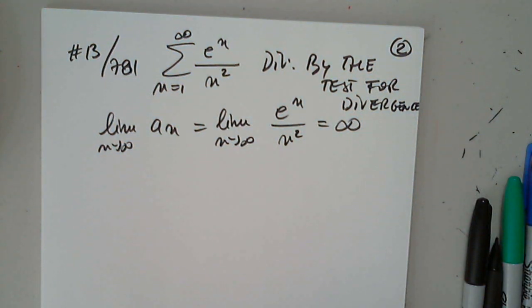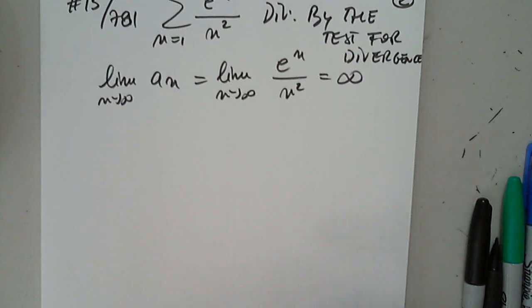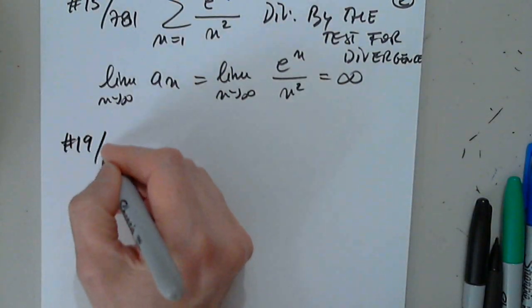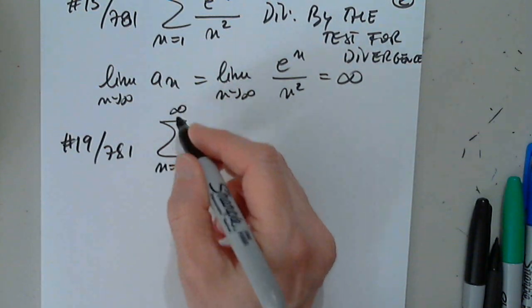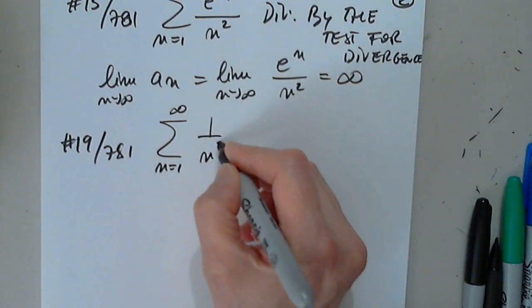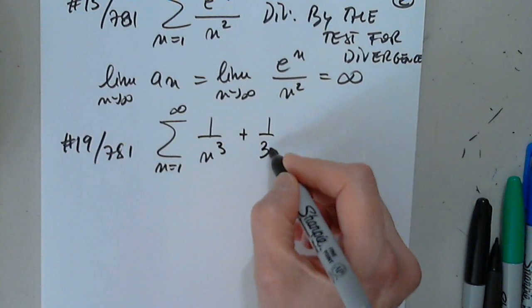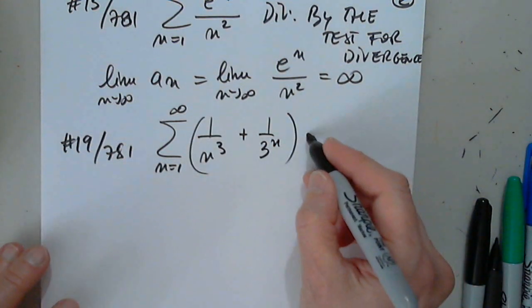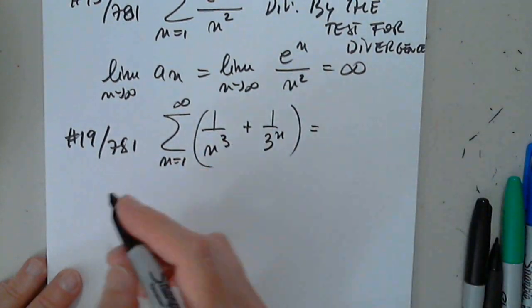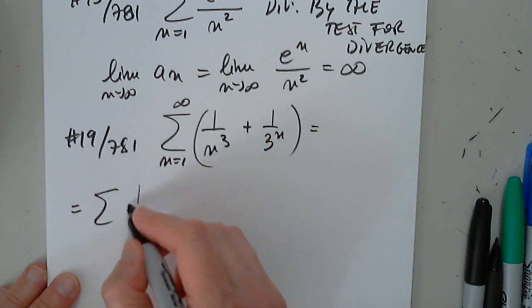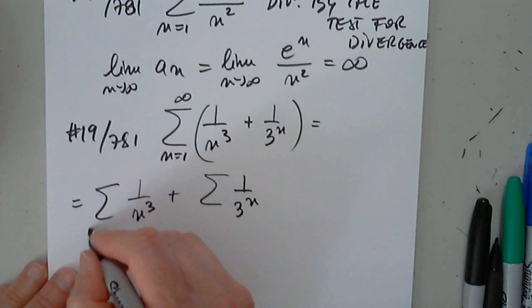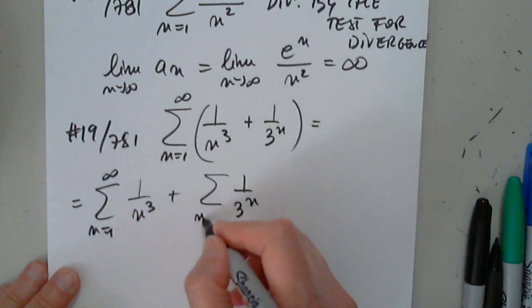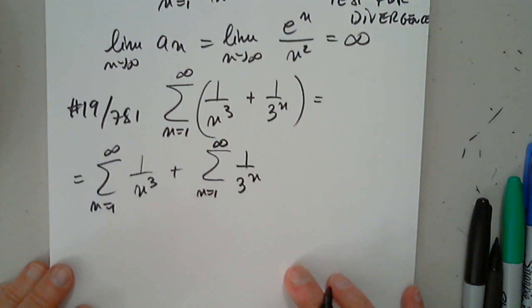Okay, that was 13. Moving on to 19. And we have the series 1 over n cubed plus 1 over 3 to the nth power. Remember, one of the properties of the summation notation, or the series if you want, is we can rewrite it as a sum of two series.